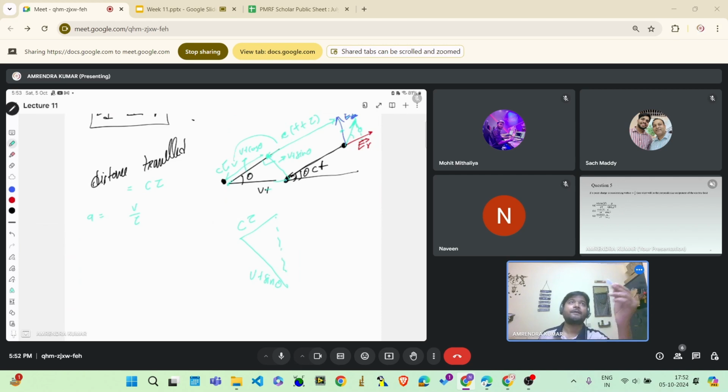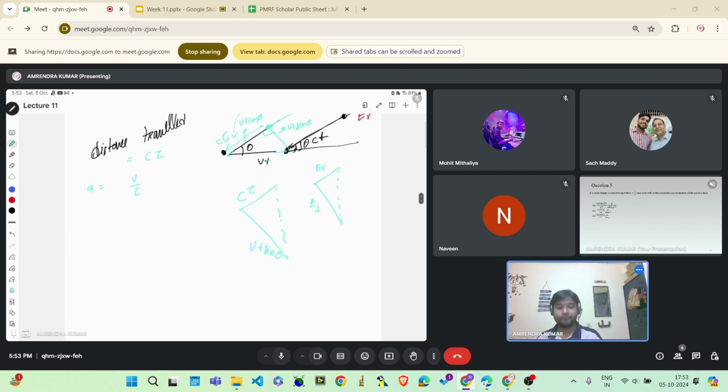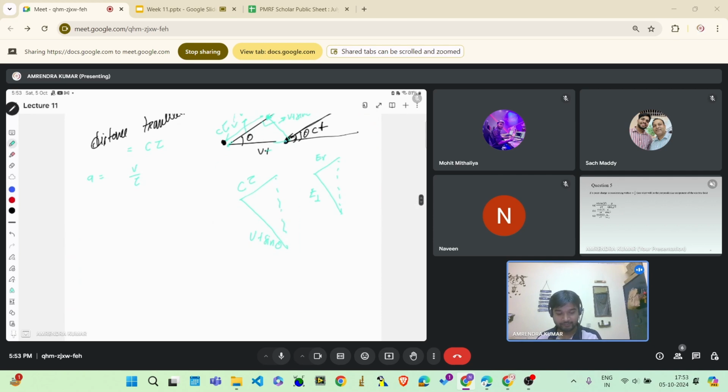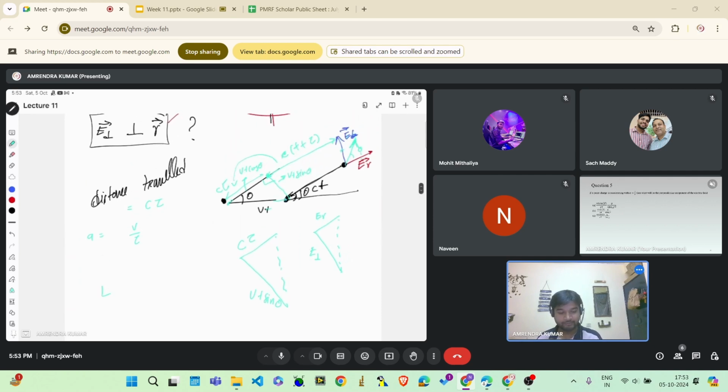If you make a parallelogram out of it, with this E_r and E perpendicular, we can easily understand that both triangles are the same.